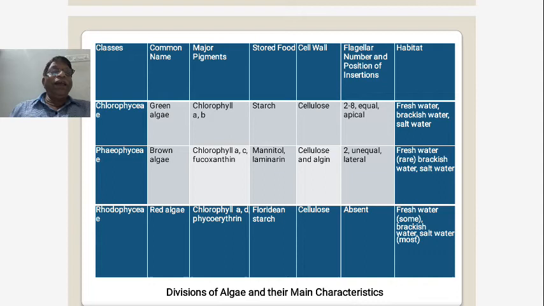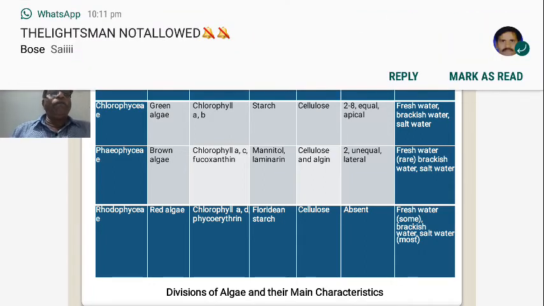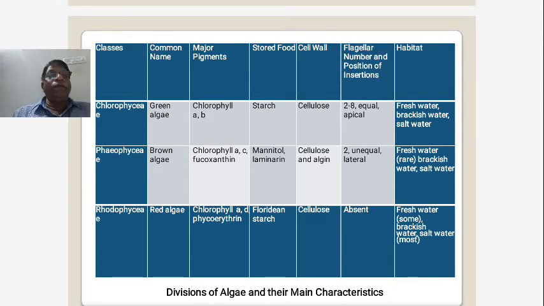Lastly, the habitat of different algae recorded. Okay. Now we shall discuss each table, each column.